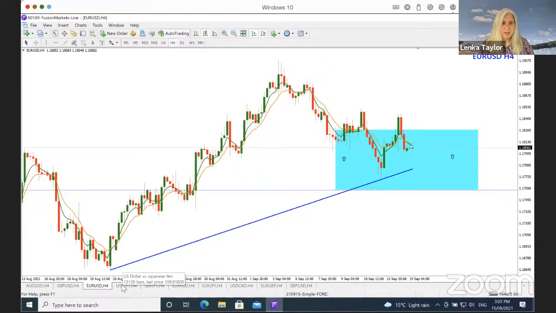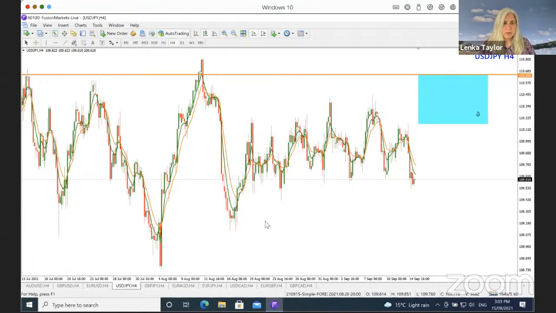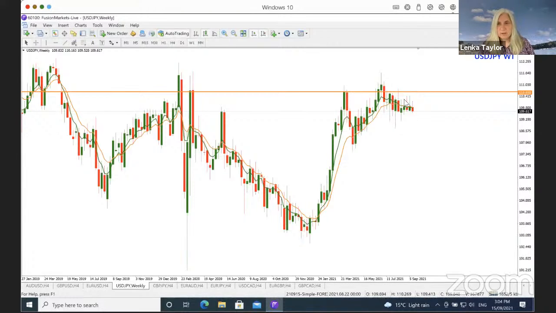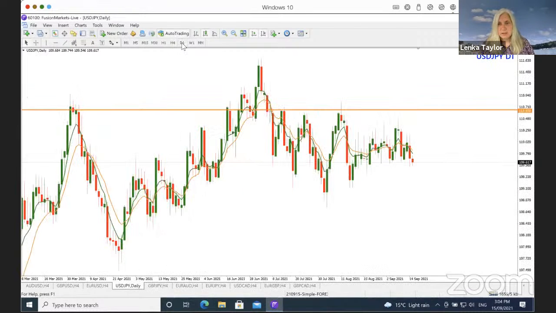Next currency pair I'm looking at is USDJPY. So that's still in that ranging sort of area. I'm looking for a short from that horizontal. There have been a lot of those pin bars just trying to test that level on the daily, still going sideways.